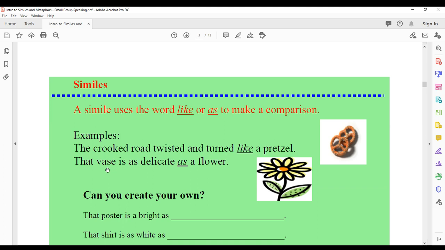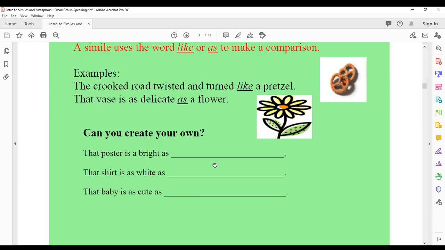A vase is something that we put flowers in, a glass jar. And here, that vase is as delicate as a flower. So we use like, it's like a pretzel, or it's as a flower. Okay? Those are examples of similes.